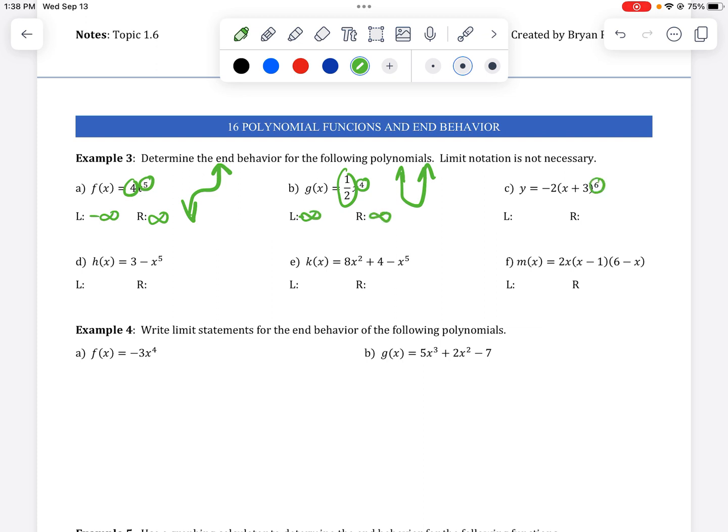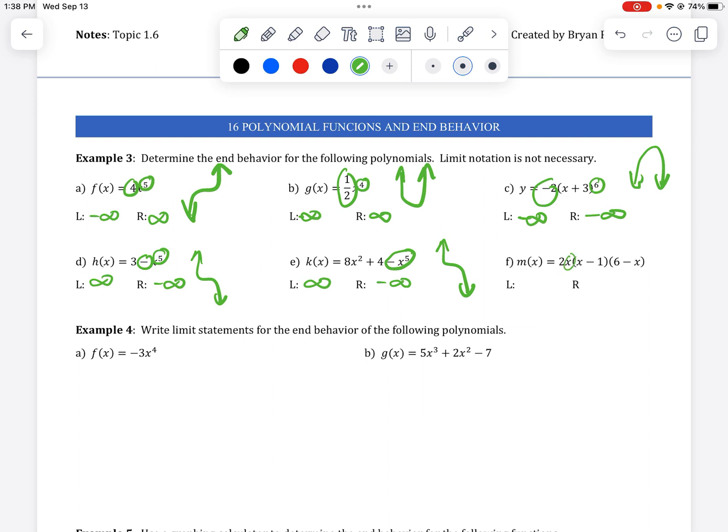This is an even degree but negative, so negative infinity and negative infinity. Odd degree and negative, so the left is positive, the right is negative. Here's our highest power. It's odd and negative, so it's going to go down. So the right is negative infinity, the left is positive.